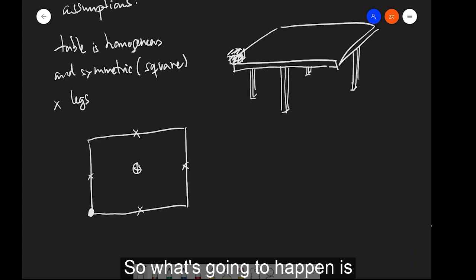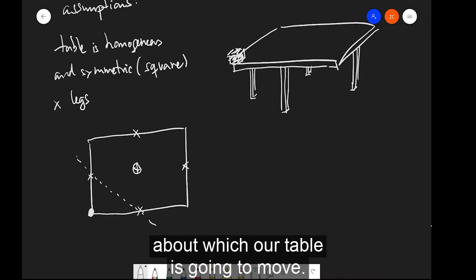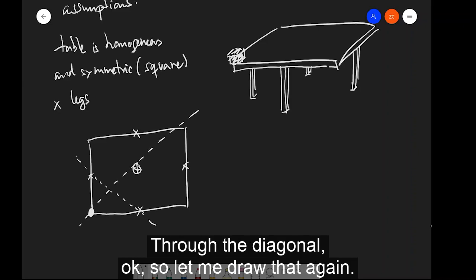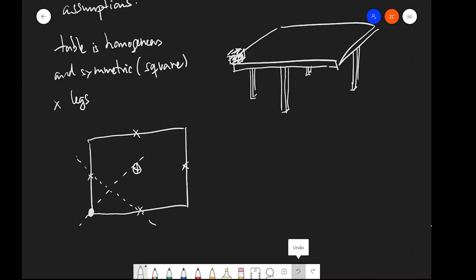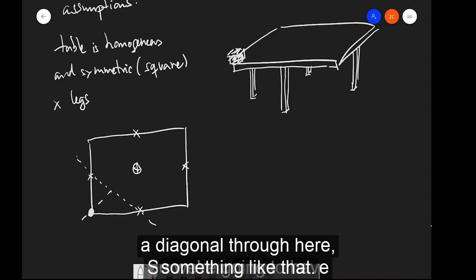So what's going to happen is essentially this is the axis about which our table is going to move. And so we need to apply momentums through this axis, through the diagonal. Okay, so let me draw that again. So we're going to have a diagonal through here, something like that.